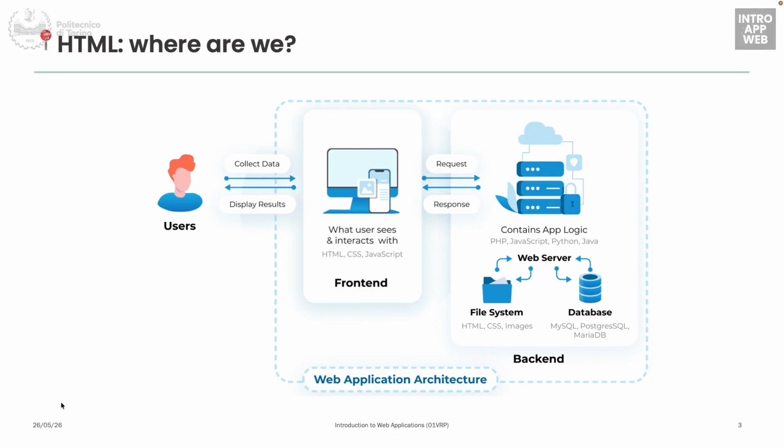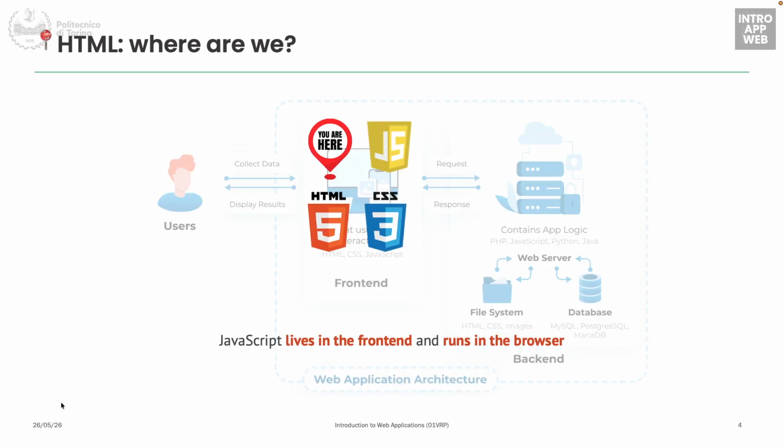So here we will see why, but in this interaction, when we talk about JavaScript, we are always talking about the front end. So let's have in mind that JavaScript lives in the front end and is something that runs in the browser. The browser is by default the application that the final user uses.